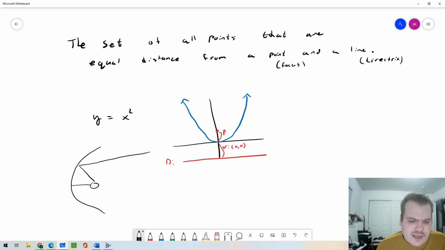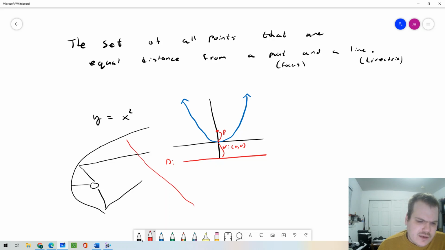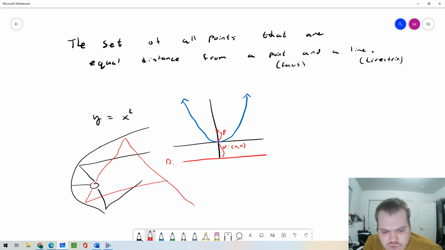And if it hits on the side, it's going to bounce it back to the focal point. It doesn't matter how far out I come, it bounces back to the focal point. So light or sound waves or signals, it comes in and bounces back to the focal point. So if I put my receptor at the focal point, it maximizes the effectiveness of that satellite.